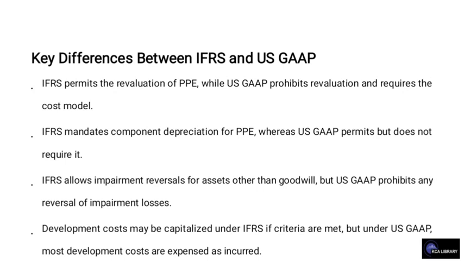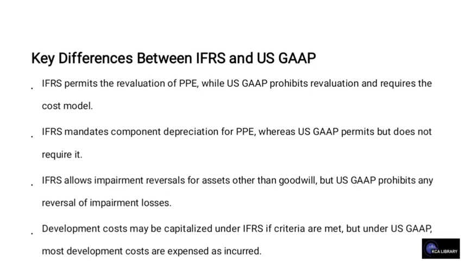The key differences between IFRS and US GAAP. IFRS permits the revaluation of PPE, while US GAAP prohibits revaluation and requires the cost model. IFRS mandates component depreciation for PPE, whereas US GAAP permits but does not require it.